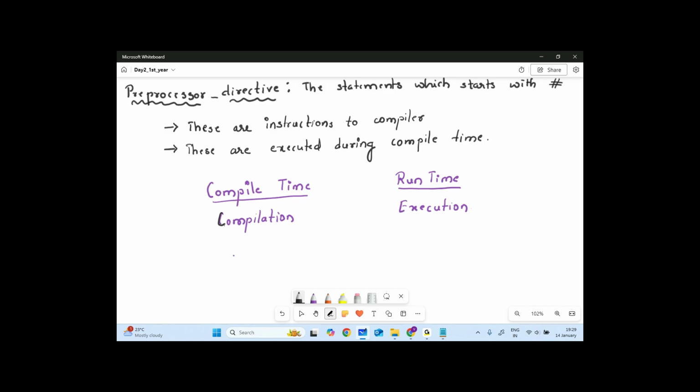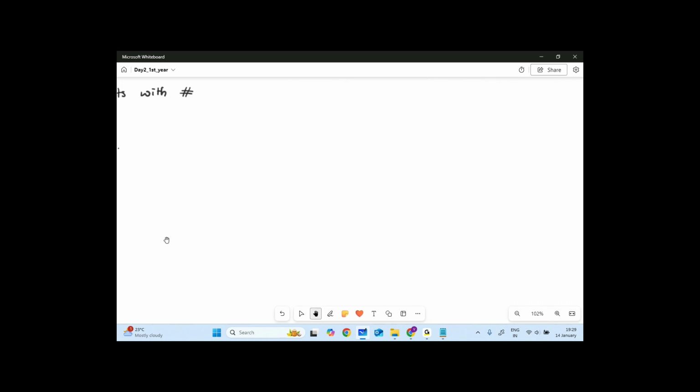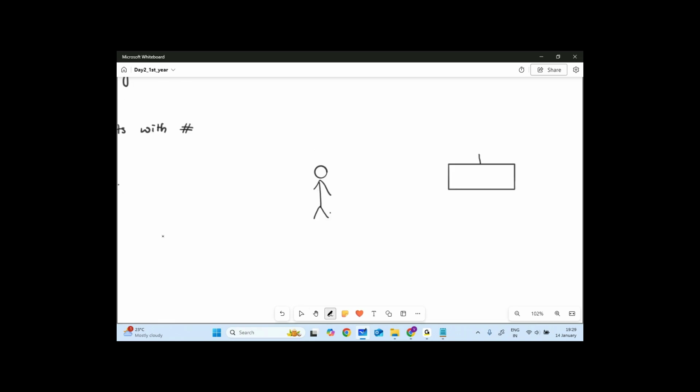Let's understand. First we need to look at what the machine understands. There are humans, and there is something called a machine. Humans can understand English.